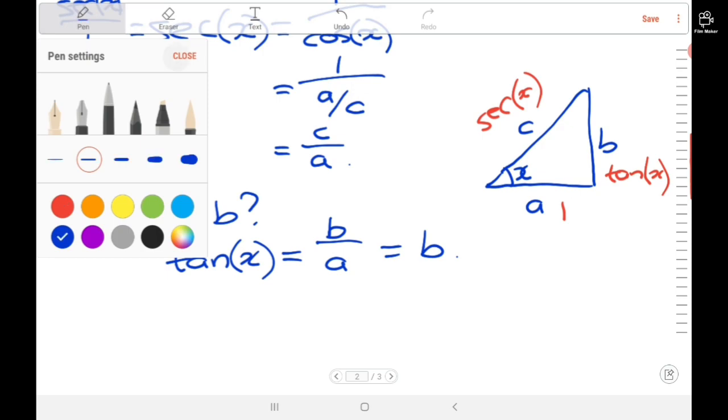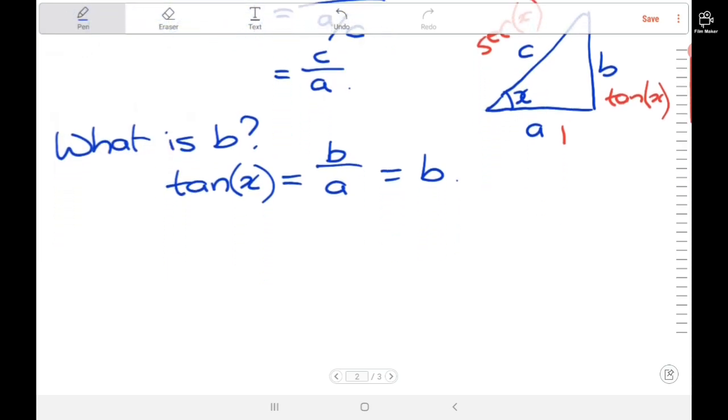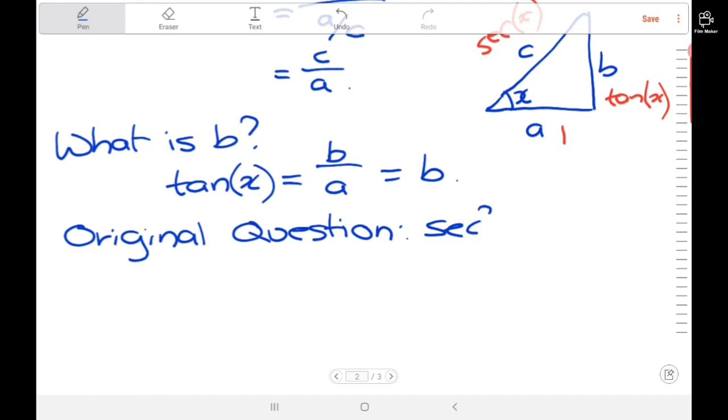How does that help us? Well, the original question was, what is sec squared? Well, now we can actually use Pythagoras.